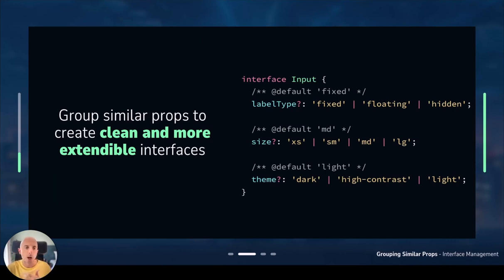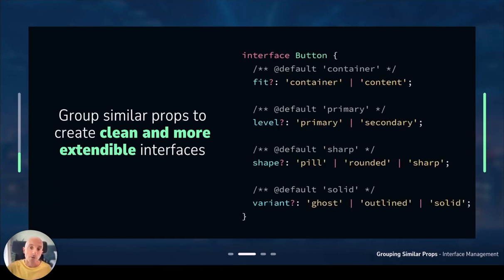We're able to keep the props the same because they're just categories of values. And then we're able to add new values to those categories without making the interface larger or more difficult to get into. You have fewer props to remember, and you let your values be pretty explicit and clear. So by grouping our props into categories this way, we create interfaces that are far cleaner, far easier to manage and extend. We can look at another example here of the button.